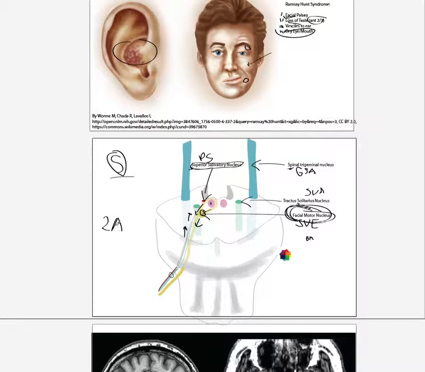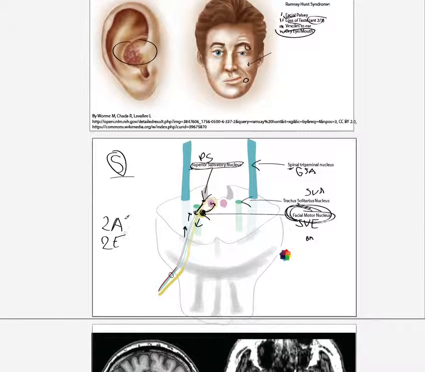The only other thing to know about these is that I just want to emphasize that there are two afferent nuclei and two efferent nuclei. The facial motor nucleus has its cell bodies sitting right here, and their axons are then projecting outwards. The same for the superior salivatory nucleus. Its cell bodies are sitting here in the nucleus, and the axons are projecting outwards.